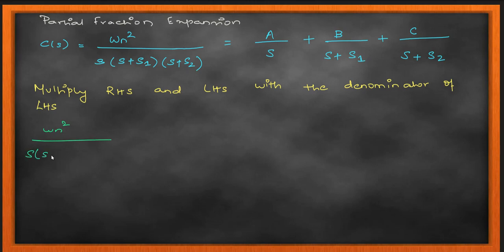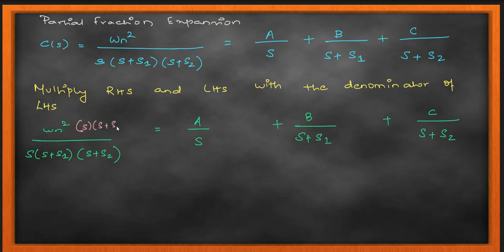That is going to take my fractional terms and give me a non-fractional equation. From there I can equate the coefficients of s square, s to the power of 1, s to the power of 0, and then I'm going to find my A, B, C. So let's get to it. Simply s plus s1 and s plus s2 I'm multiplying, so I'll be cancelling out a few terms.